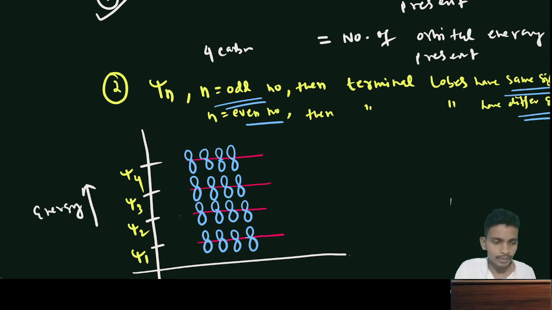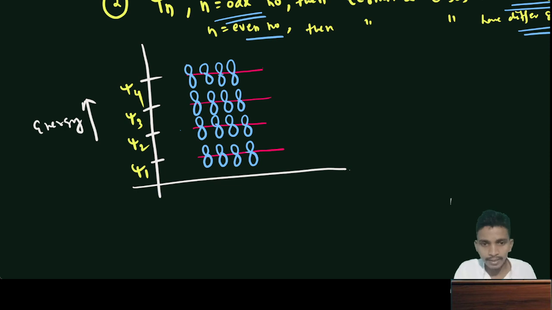From here, about the sign, I can draw it here. For psi 1, n is 1, which means it is odd. This 2 is even. This 3 is odd. And this 4 is even.